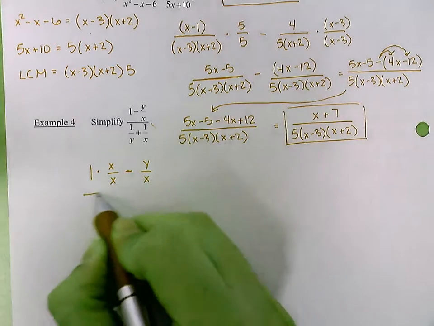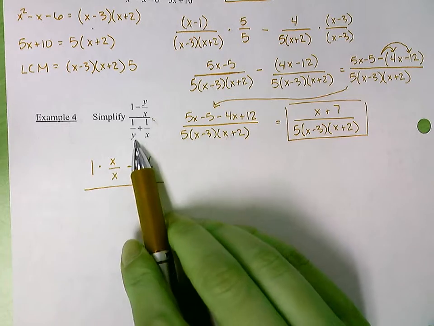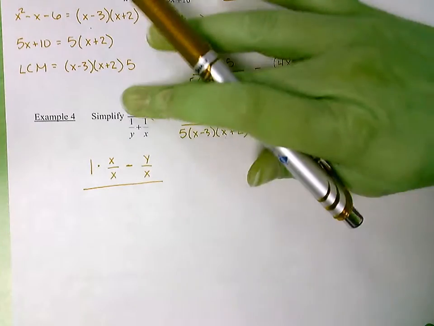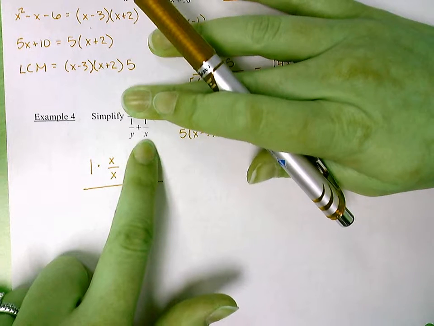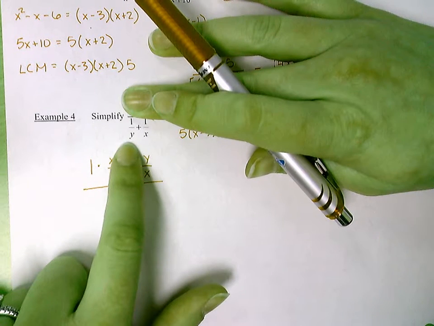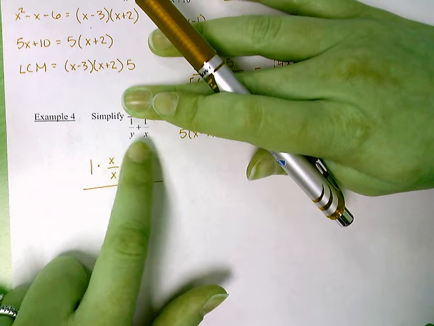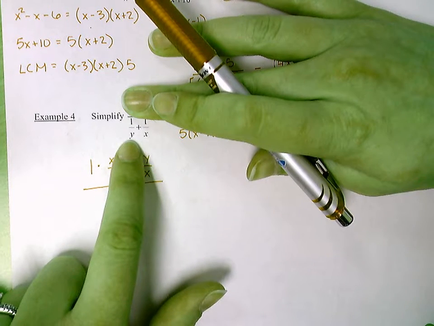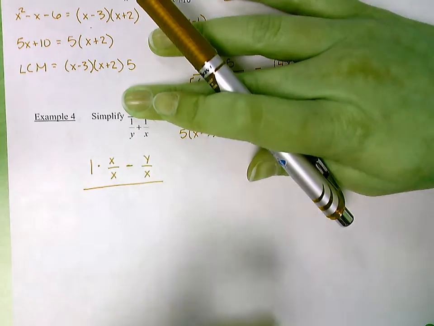So I still have this fraction bar here. Now I have in my denominators of these two a y and an x. So my common denominator for those ones would be xy, right? So to get this y to be xy, I need to multiply the numerator and denominator both by x.